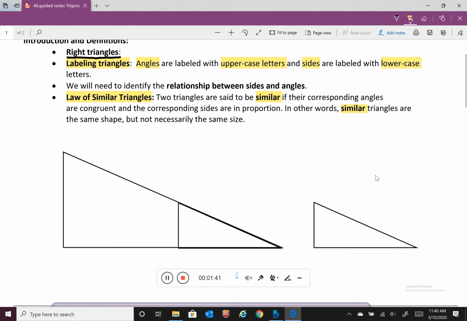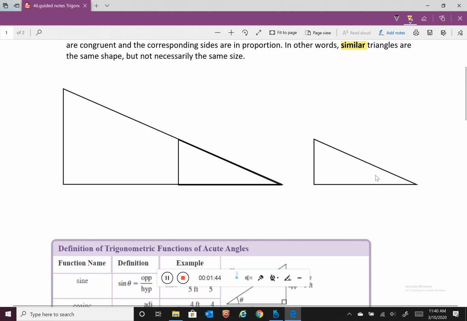So let's look at this big triangle we have right here. The first thing that we are going to identify is the fact that this is a right triangle. So this triangle has an angle that is at 90 degrees. Now this big triangle, I'm going to call it angle A at top, angle B to the side, and our right angle we're going to call angle C. So this is triangle ABC.